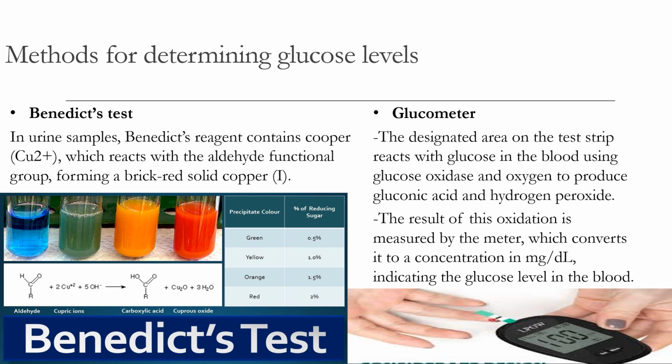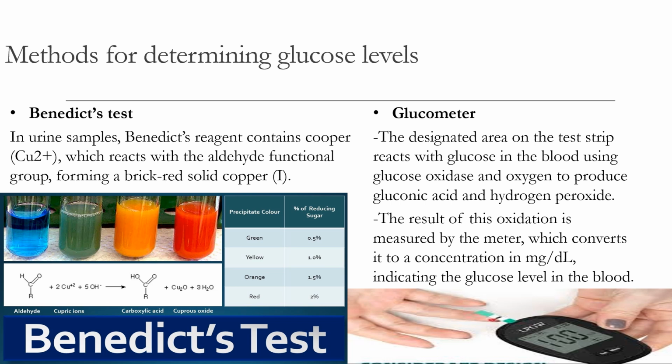So under normal conditions, blood glucose level is 70 to 100 milligrams per deciliter, and under abnormal conditions, such as hyperglycemia, glucose levels go up to 800 milligrams per deciliter, and hypoglycemia, glucose levels drop to as low as 20 milligrams per deciliter. For determining glucose levels there are the Benedict test and the glucometer.